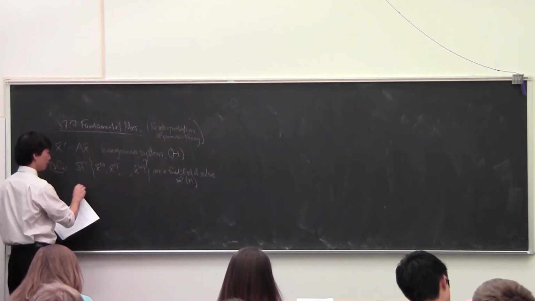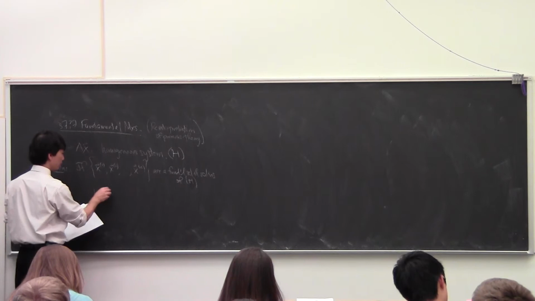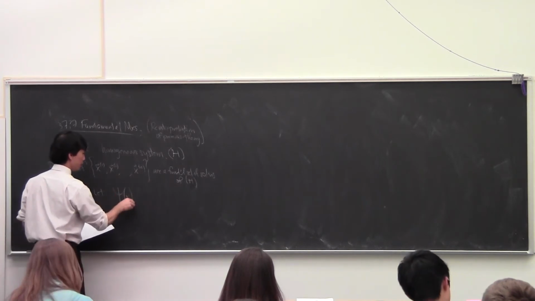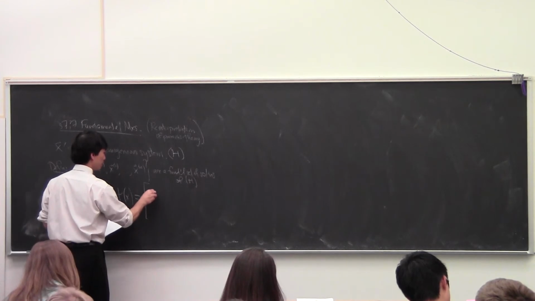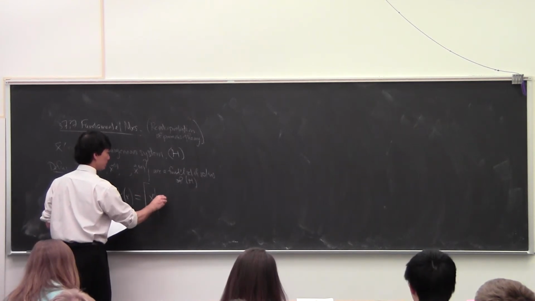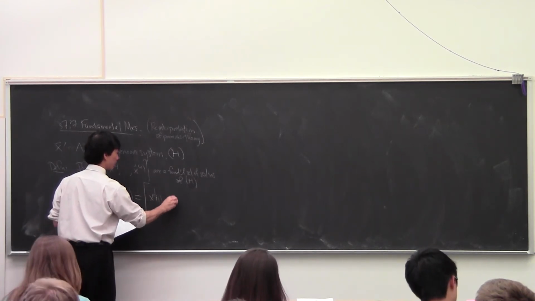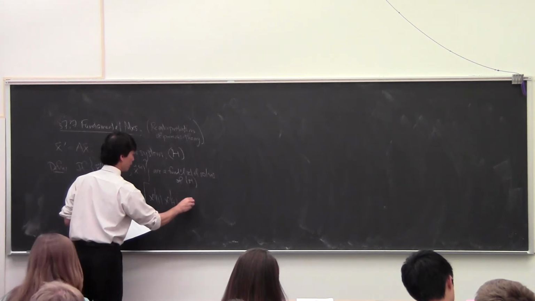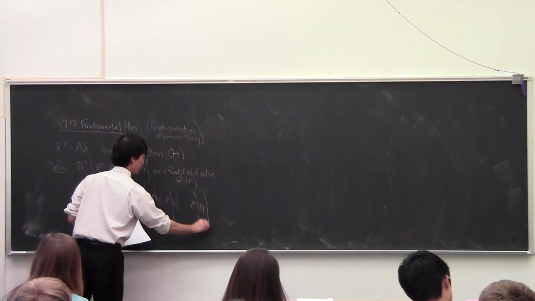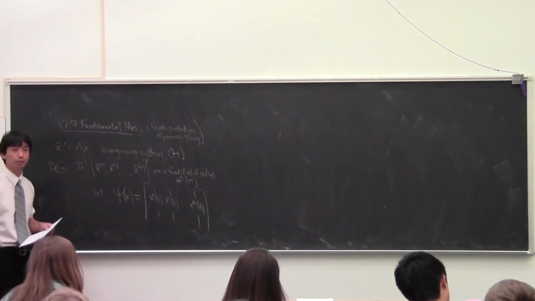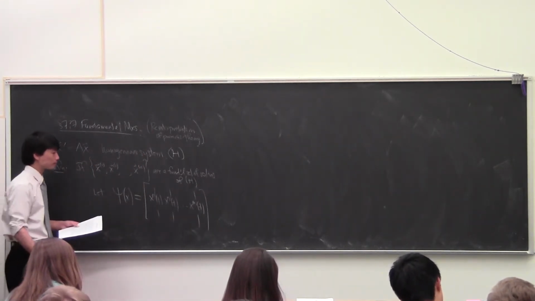Then let C(t) be the matrix with those guys as the columns. So you create a matrix function where these guys are columns.